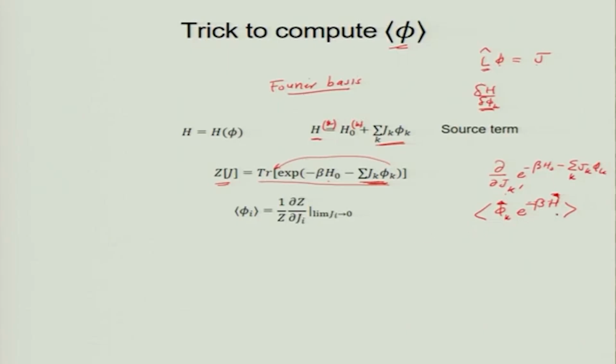So that means I need to make j go to 0. All j_k should go to 0. So this part is kept as a source, but then you turn it off, and this is my expectation value of phi. Is that clear to everyone? By the way, you can do a sum over eigenvalues, or we can also do an integral if it is a continuum.